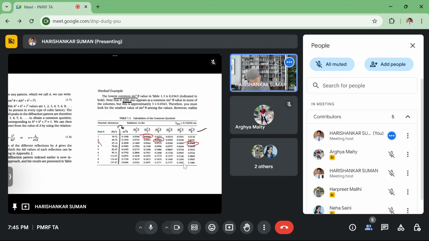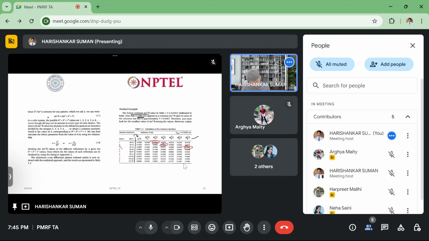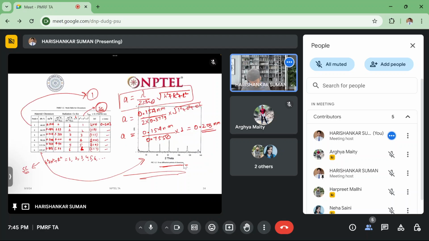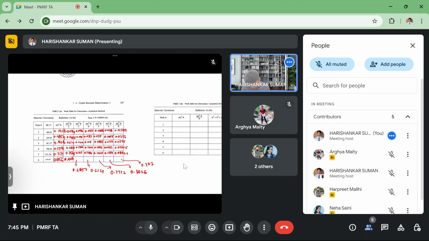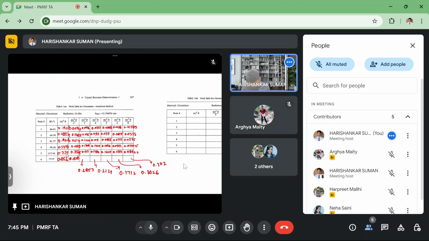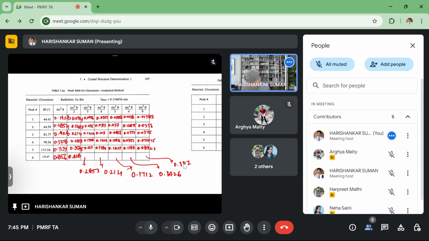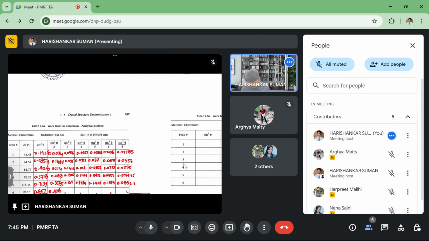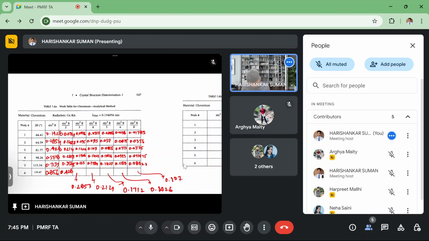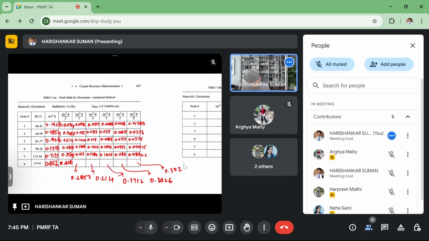Least common value, which is common values. Please pick up the common values.